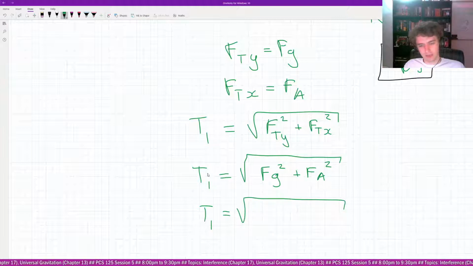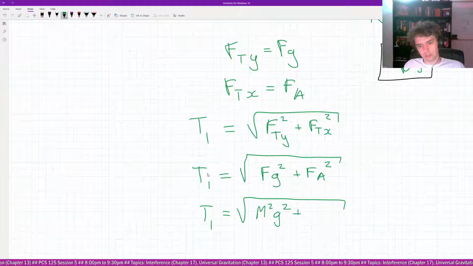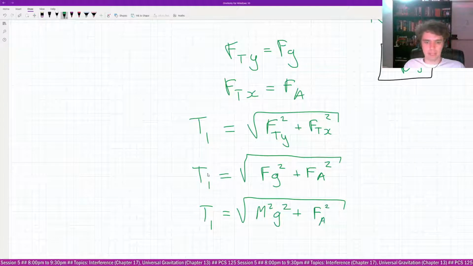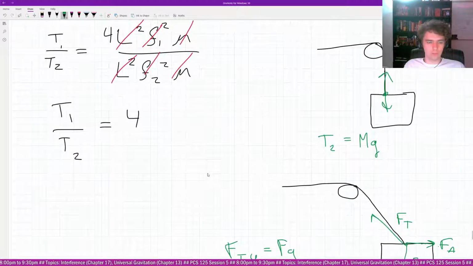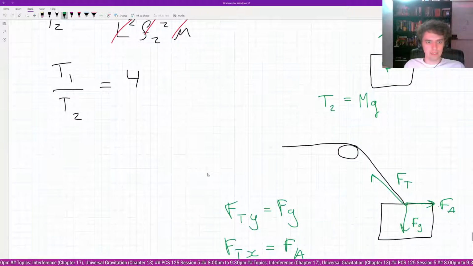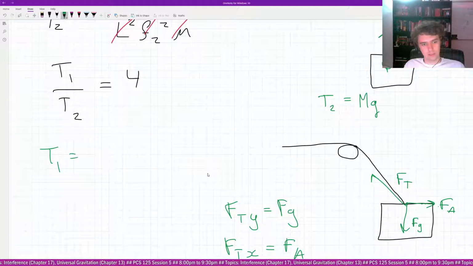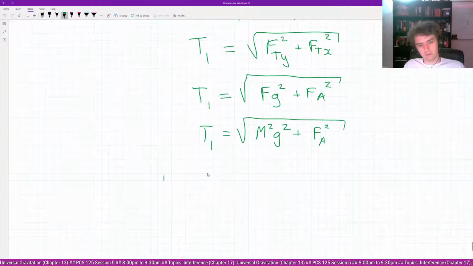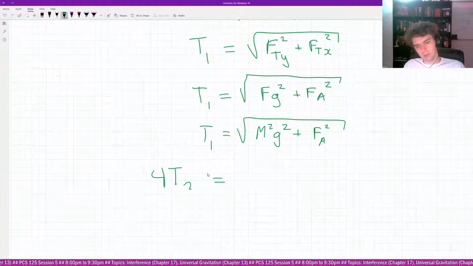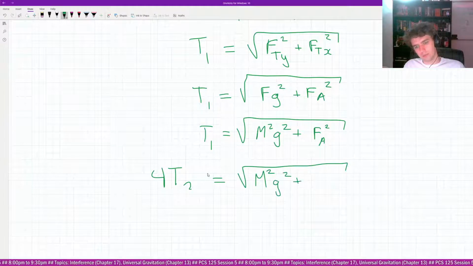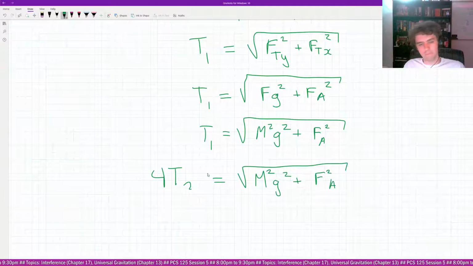And then finally we have that this is mass big M squared times G squared plus the applied force squared. That's T1. We also know that T1 equals 4T2. So I can say that 4T2 equals the square root of big M squared G squared plus Fa squared.